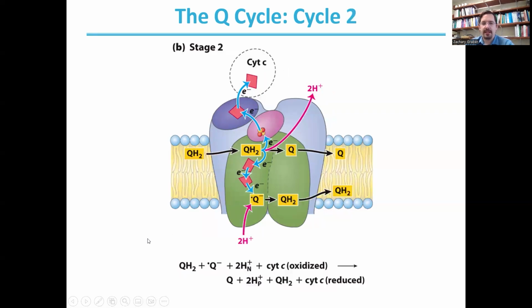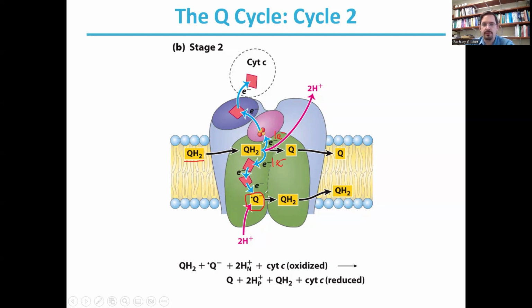As we head into the second step of our Q cycle, so now we already have our partially oxidized coenzyme Q, and we're going to bring in a new unit of our reduced ubiquinol, or reduced coenzyme Q. So we bring this in and we do our single electron transfer as before, right? 1 electron going out to another unit of cytochrome C, 1 electron going in towards the mitochondrial matrix through those heme B electron carriers.